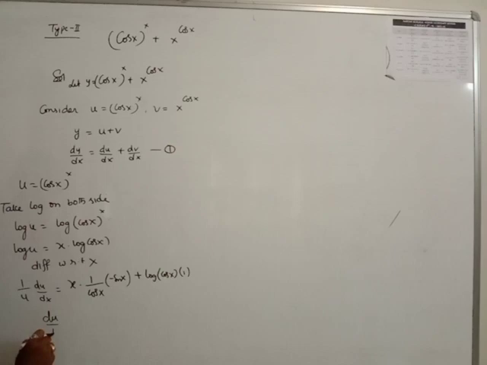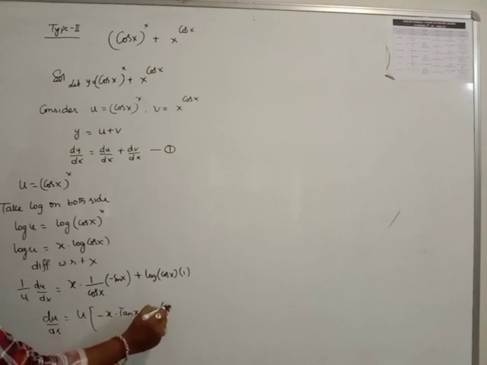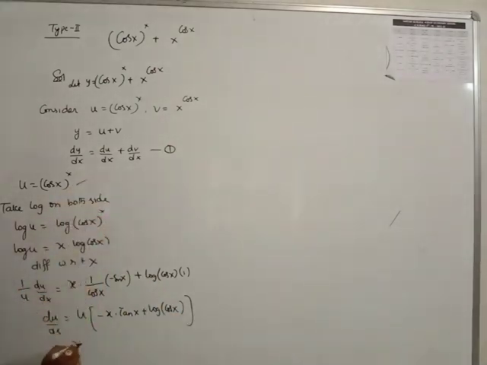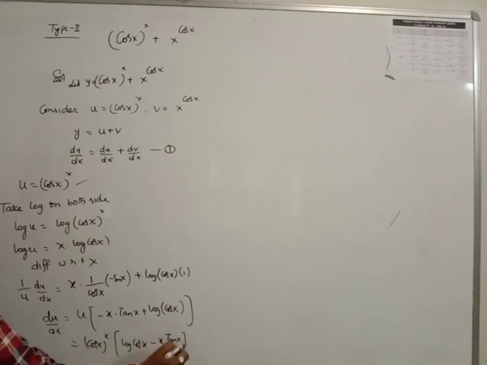So du by dx is equal to u into minus x into tan x plus log of cos x. Substituting the value of u, cos x to the power of x into log of cos x minus x into tan x. This is the first part.